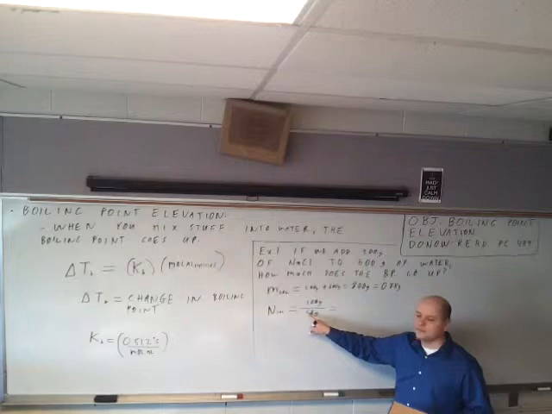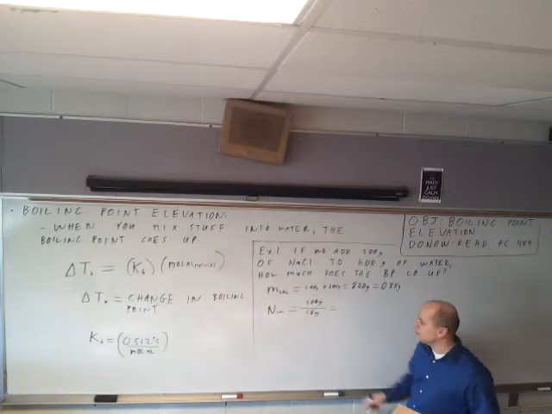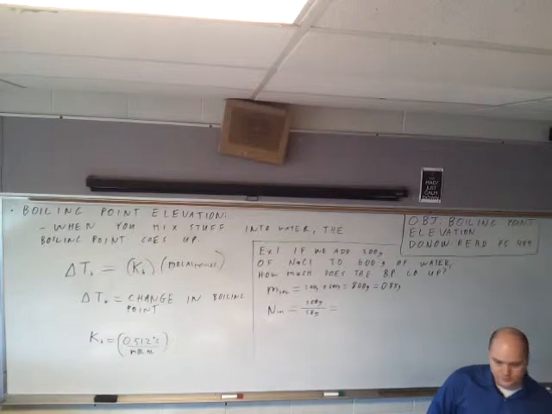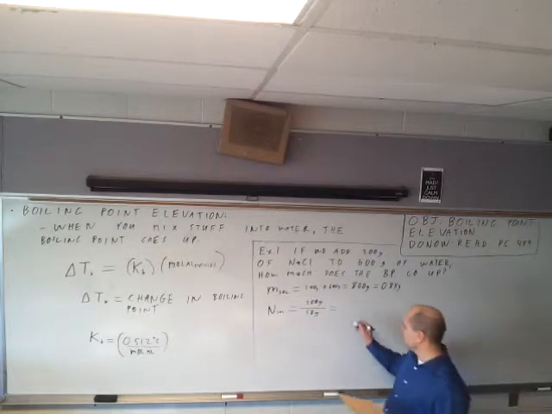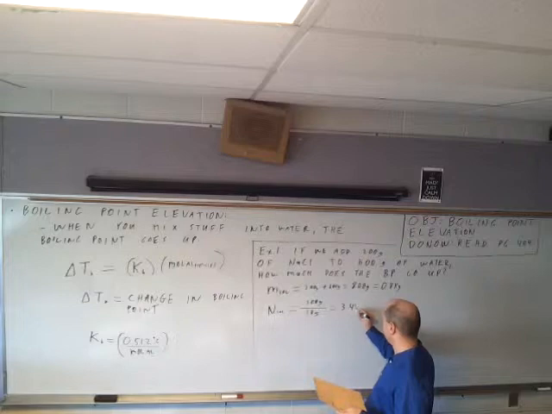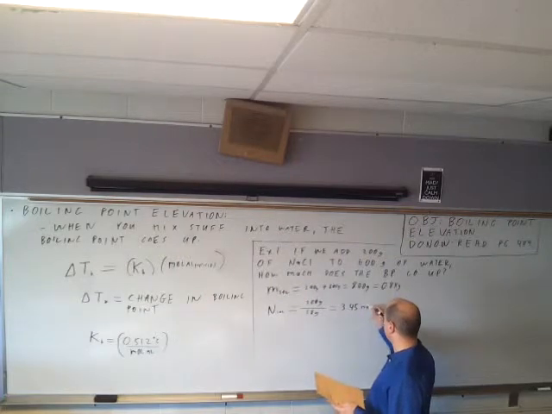Everybody know where this came from? Yep, periodic table. Okay. 200 divided by 58, what's that? 3.448, so we're going to do 3.45.